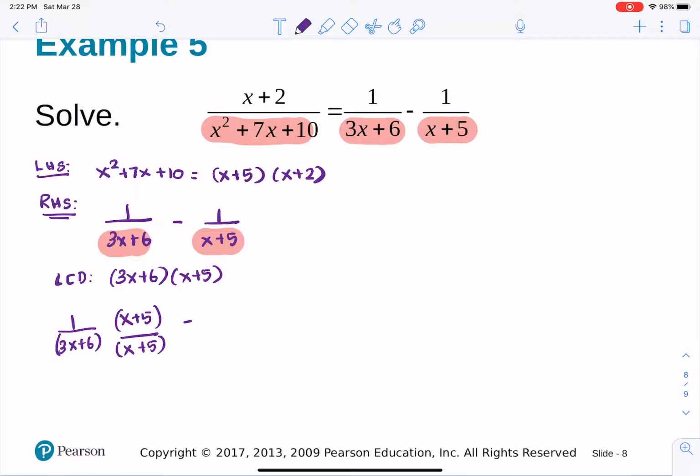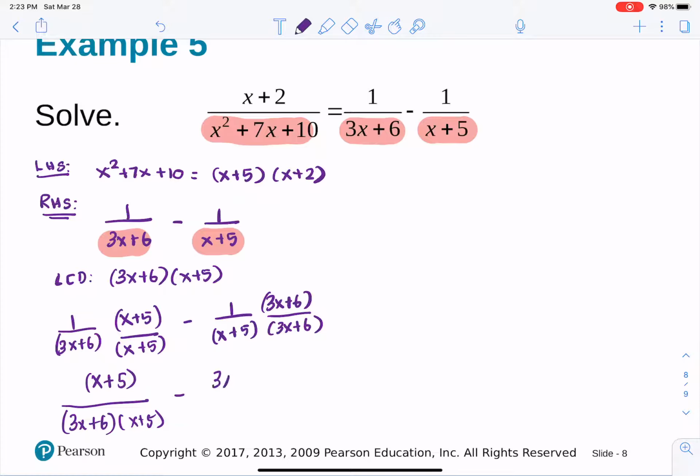To get the common denominator in the second fraction, we multiply and divide by 3x plus 6. So now we have a common denominator because 1 times x plus 5 is x plus 5 in the numerator, and the denominator becomes 3x plus 6 times x plus 5. The second term is 3x plus 6 divided by 3x plus 6 times x plus 5.